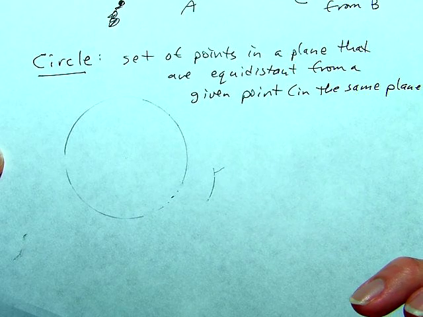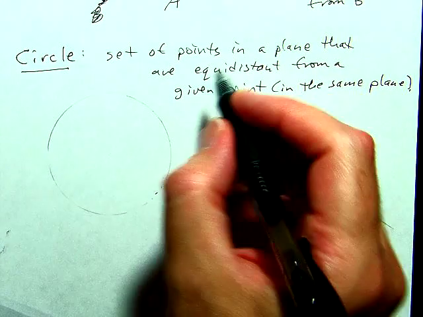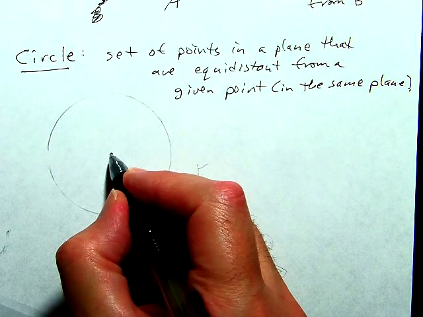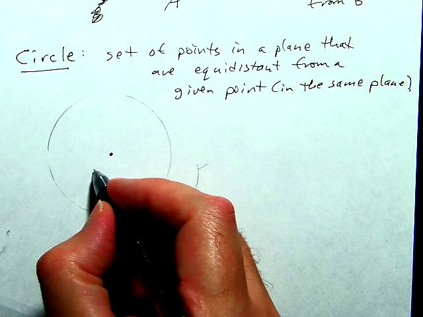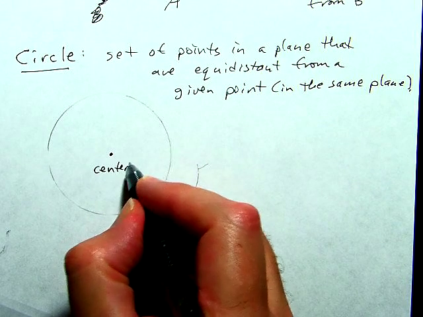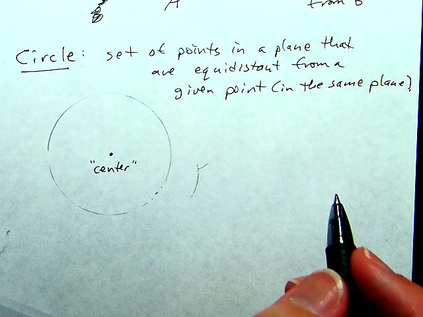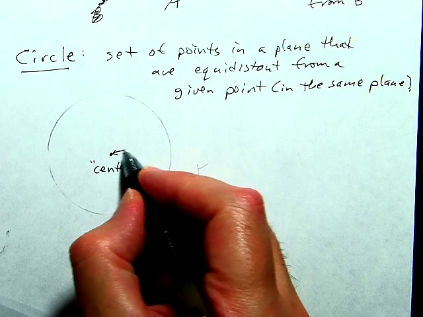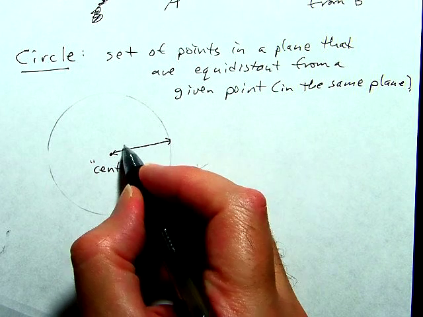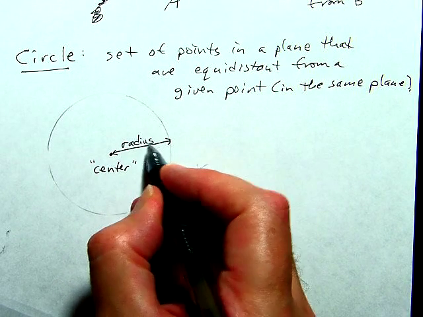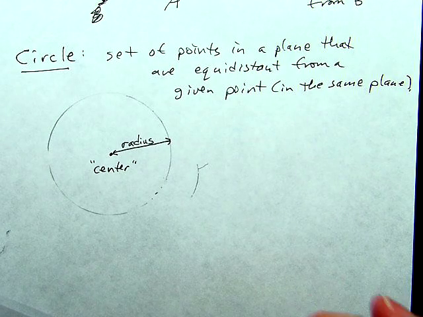We call that given point, which was where I had the sharp edge of my compass, the center of the circle. So this is called the center. And we call the distance from the center to the circle the radius. You may have seen some of these terms before.